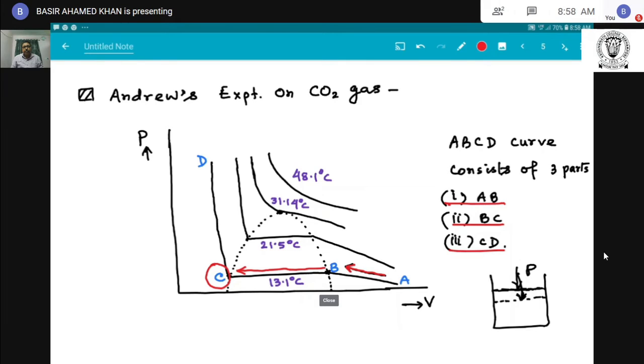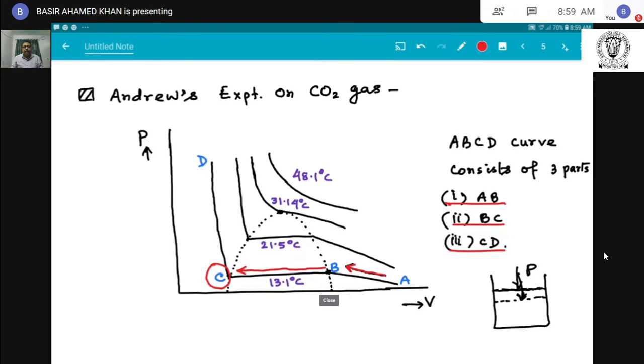Now at the point B, another thing occurs, because if I see the line BC, that means the horizontal line, the pressure from B to C remains constant but volume decreases. It happens because the gas is liquefied.